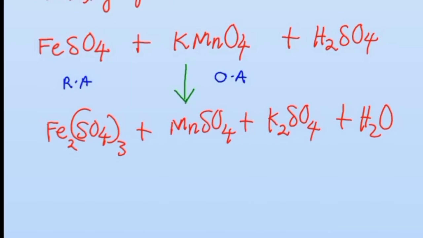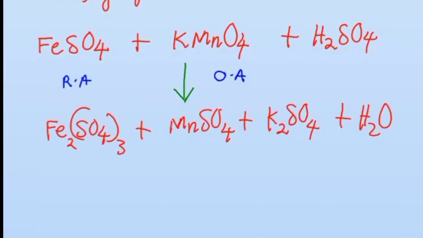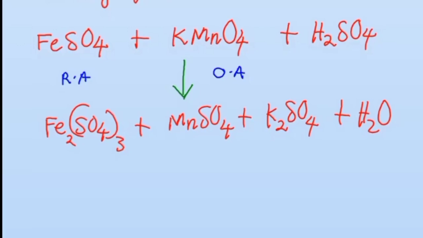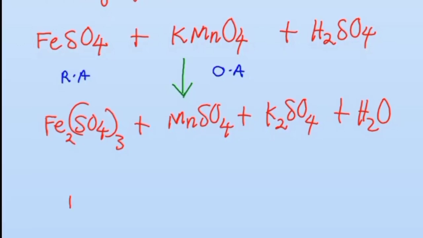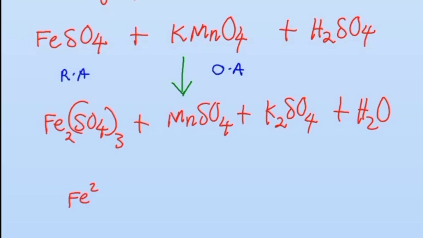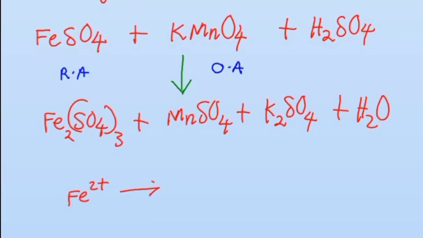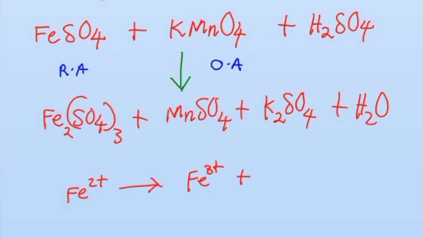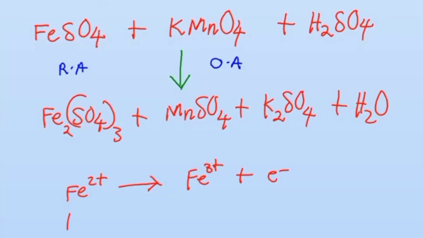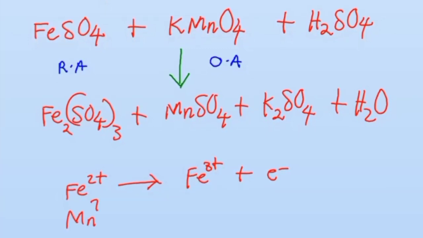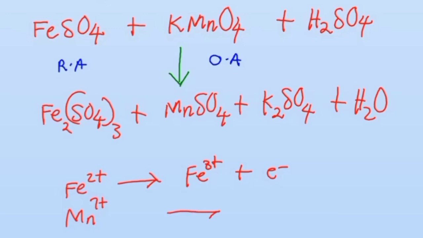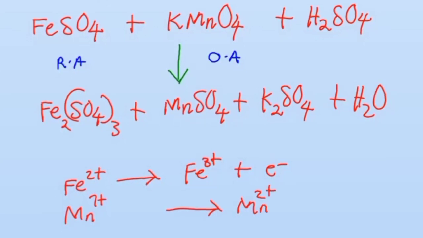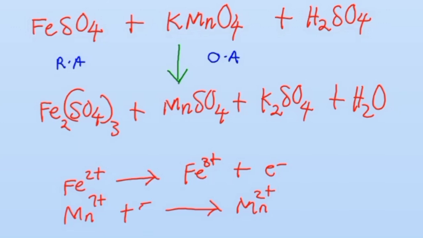Now to be able to balance the redox equation, now that we know the oxidizing agent and the reducing agent, let us write the half cell equation, where iron 2 is oxidized to iron 3 by 1 electron loss, while manganese 7 is reduced to manganese 2 plus by 5 electron gain.